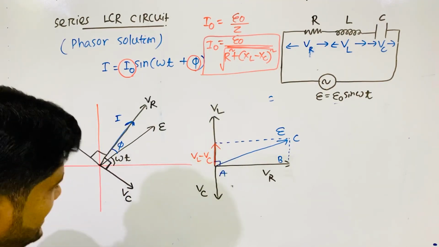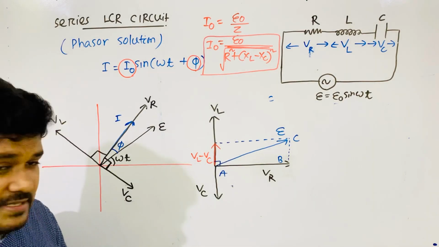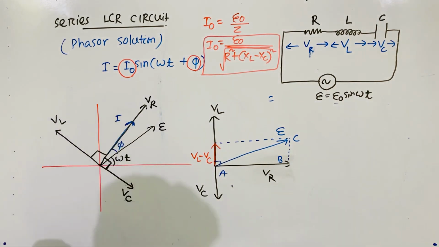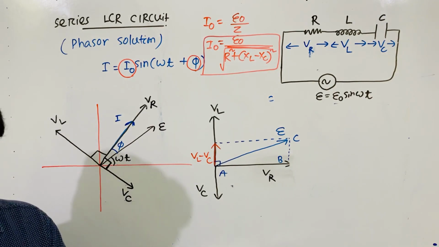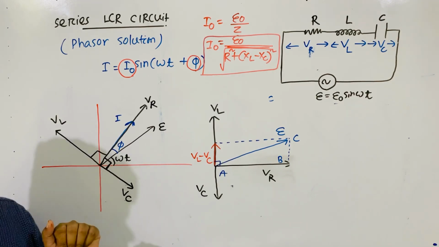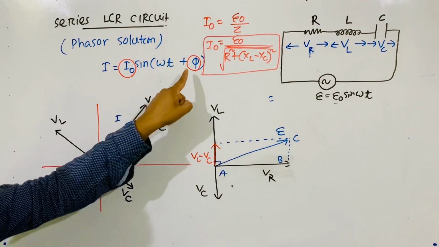So phi value. Phi is here. But here we can't see phi. Okay, let's see. Phi is the angle between dash and dash. Tell me. Yes. You are telling phi is the angle between E and I, because that we have taken initially.